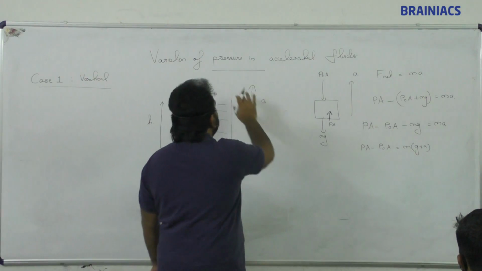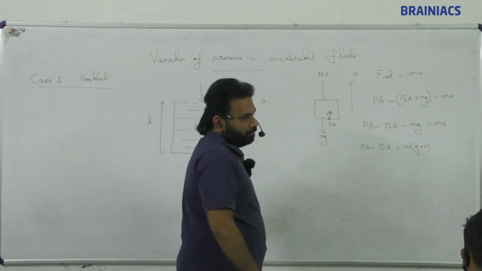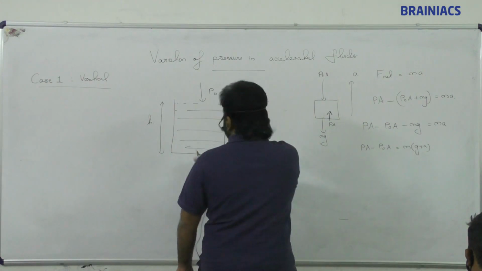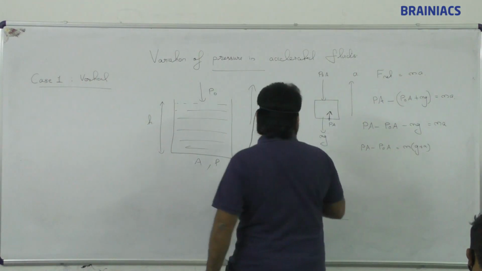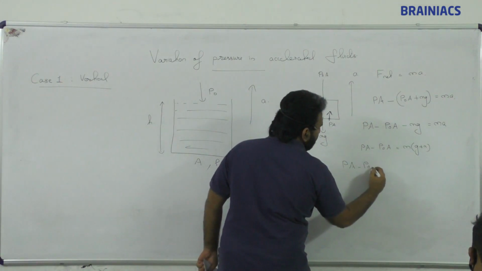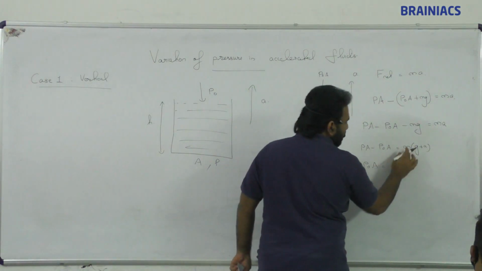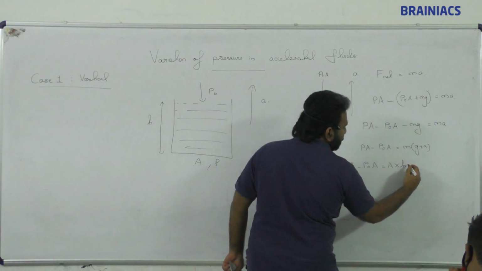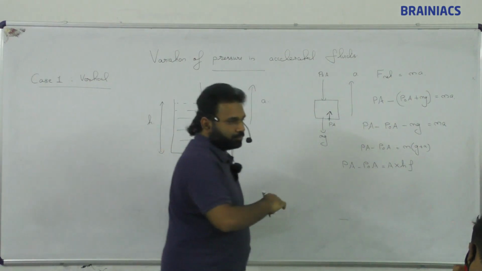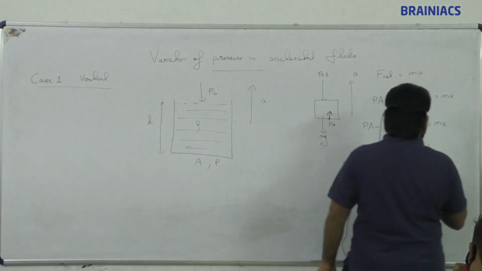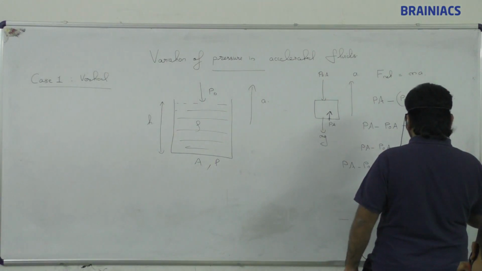Now what are we studying? Variation of pressure. So this area is the same, no? This area A. So PA minus P naught A is equal to, the mass is area into height into density, the density of the liquid, into G plus A. Correct?